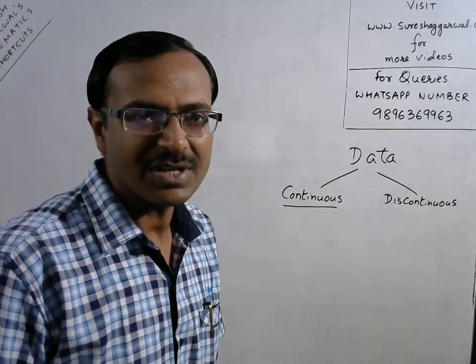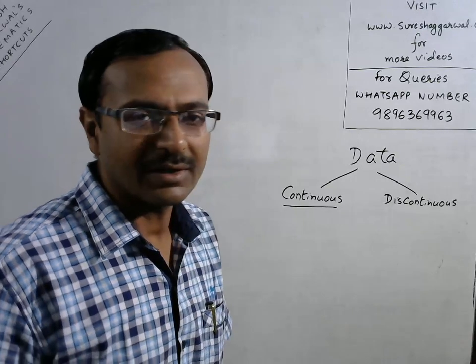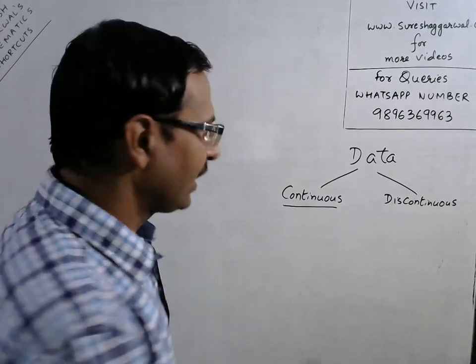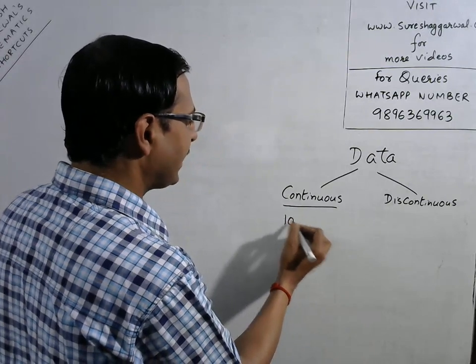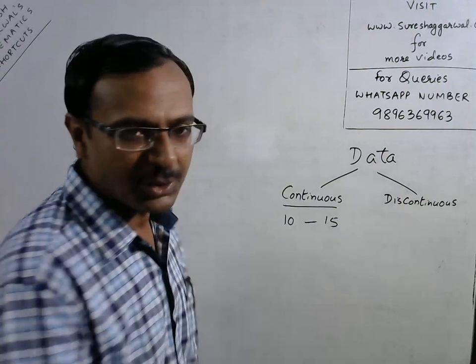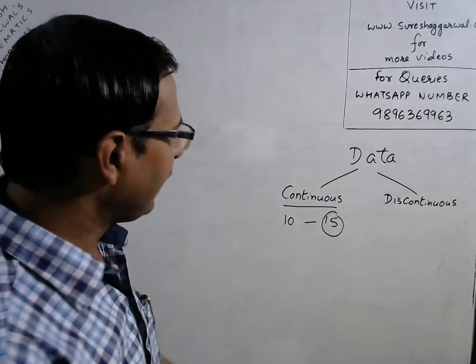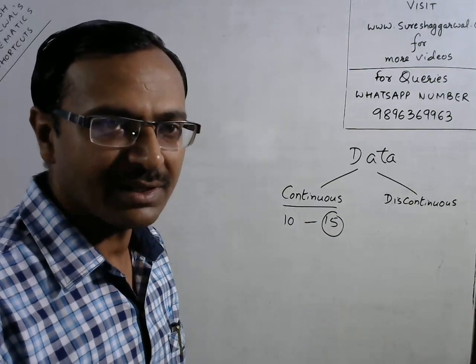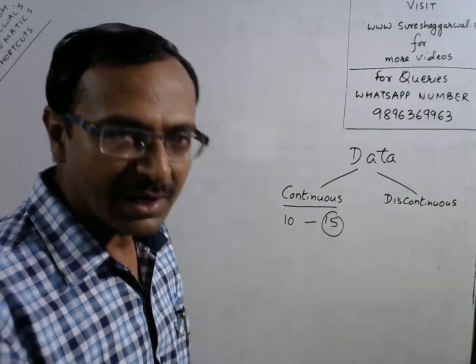The first thing which every class 10 student should remember is that for continuous data, the class intervals start from, say, 10 to 15, so the first class interval is 10 to 15. The value where the first class interval terminates, that is 15, the second one will start from that.